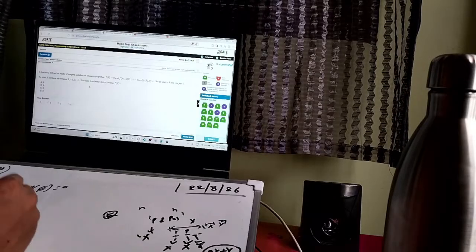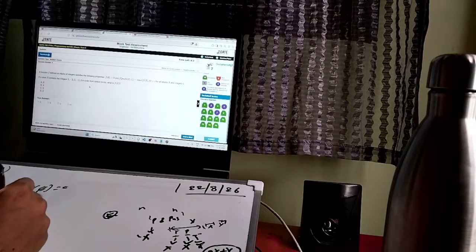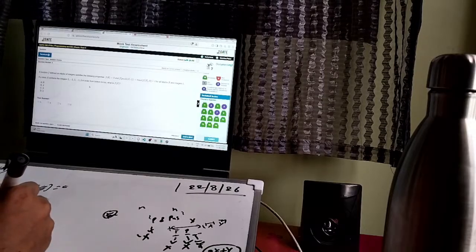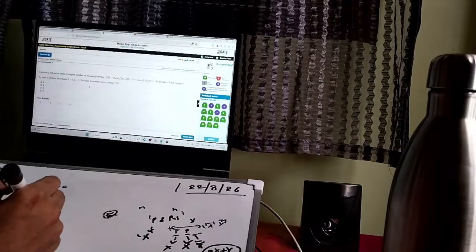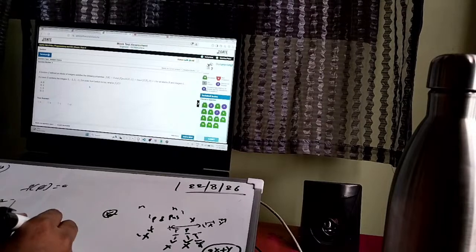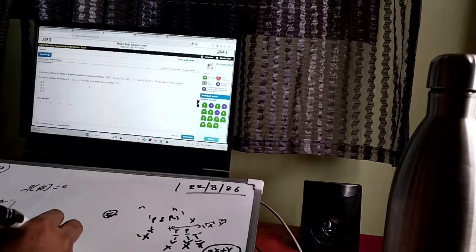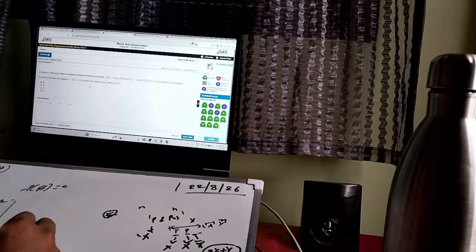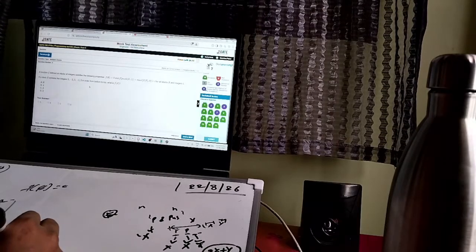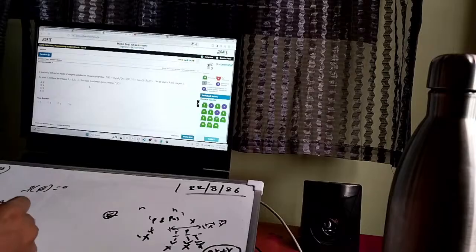Okay, s. So if we consider the starter, f of s, what is s? Here the items are going to increase.